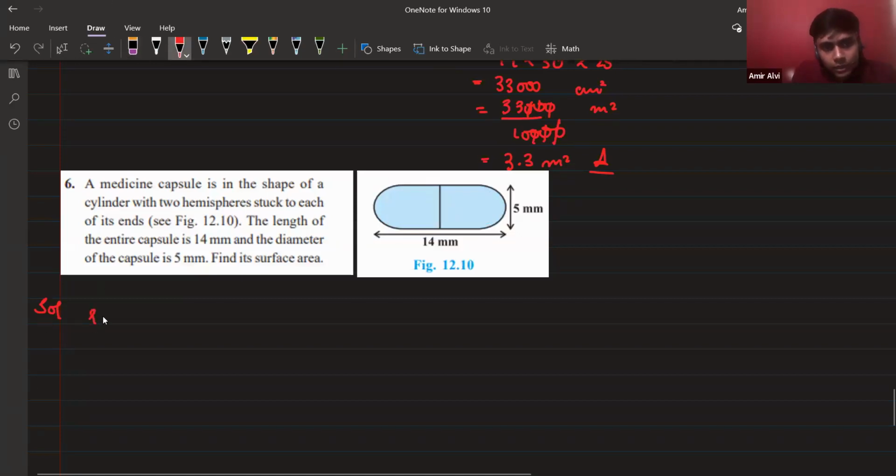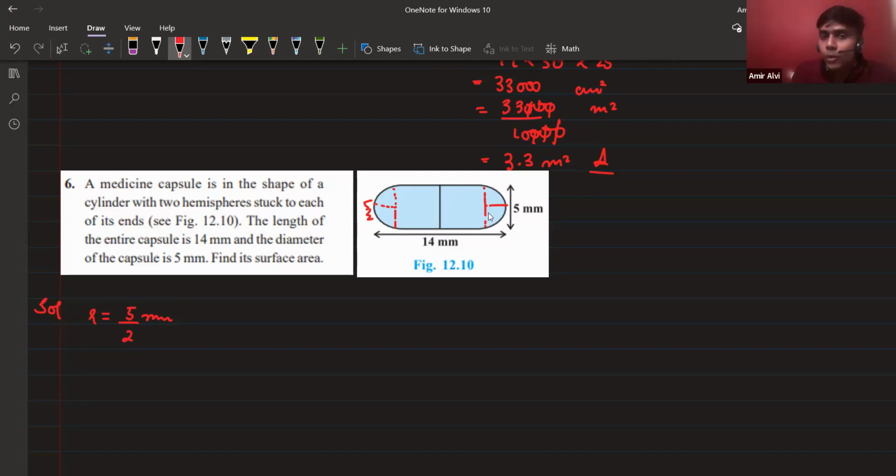So I'm denoting it with common R. It is 5/2 mm. So this length will also be 5/2, and this length will also be 5/2, because from the center, any point on the hemisphere, sphere, or circle is equal to the radius.